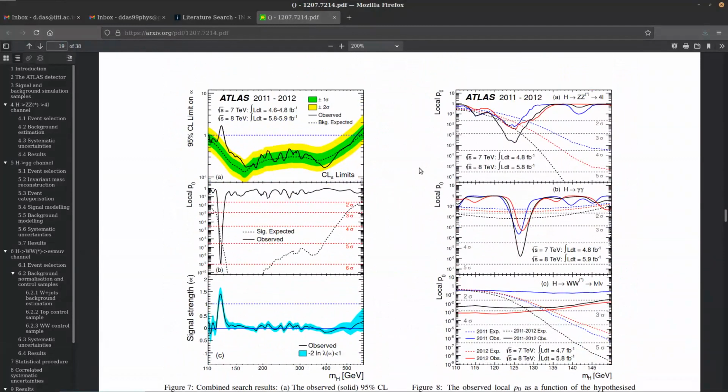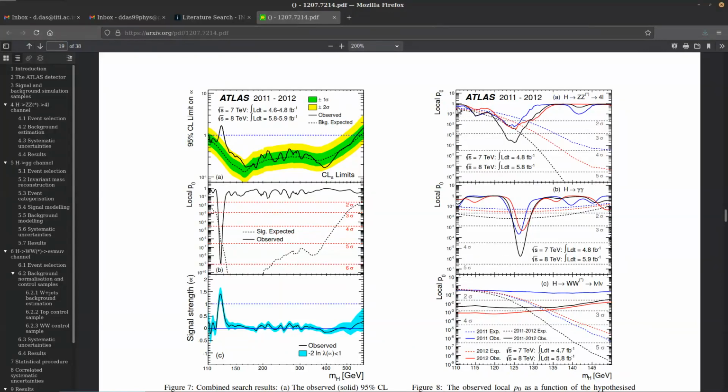Okay. So concentrate on the Higgs to Z Z star. All right. So this is the channel we looked into, right? And if you see the p-value analysis here, on the x-axis you have the energy scale. So this 115, 120, 125, 130, 135, and so on and so forth.